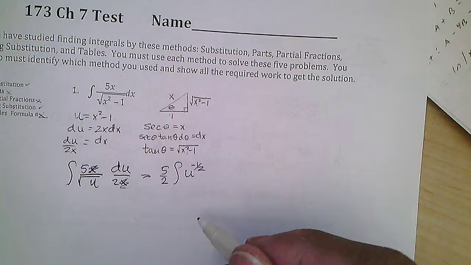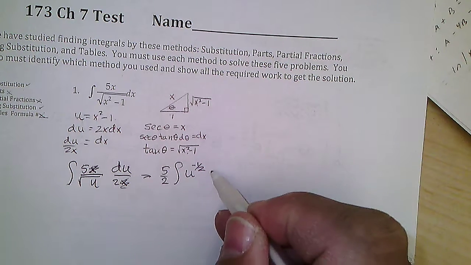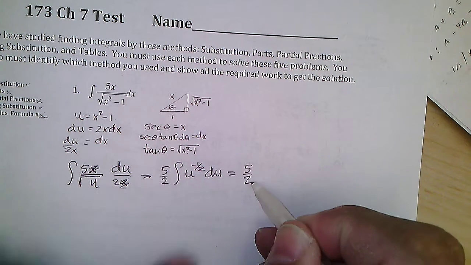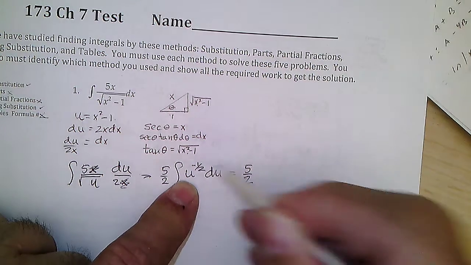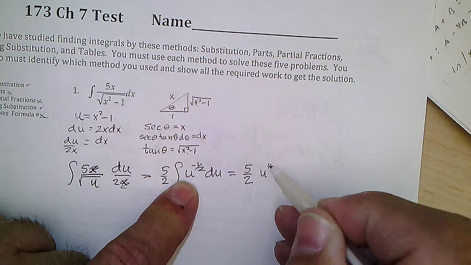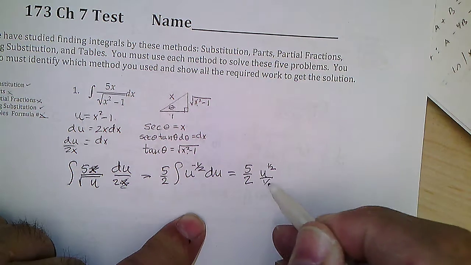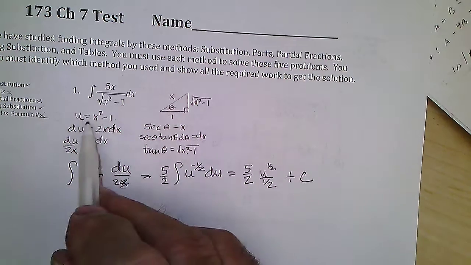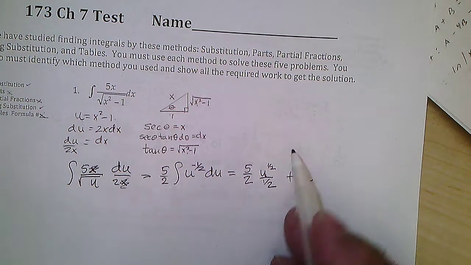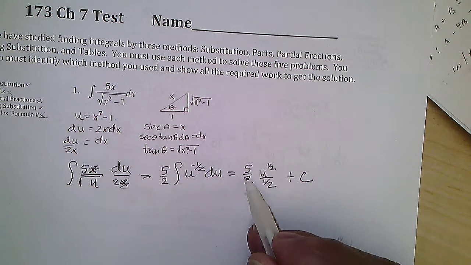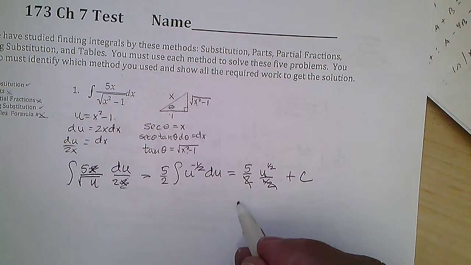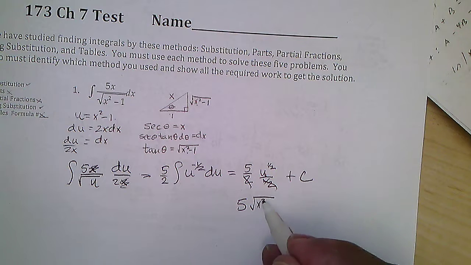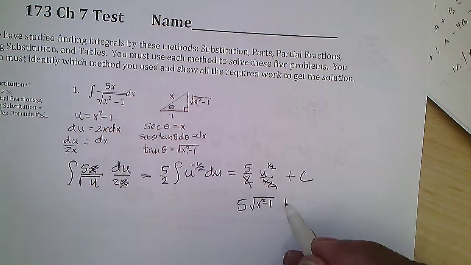The square root is the half, and it's in the denominator, so negative. du, using the power rule, we have 5/2. Integrating this, we add 1, which is u to the 1/2 divided by 1/2. And u was x squared plus 1, and this is the square root. So the half times 2 would cancel. So we have 5 square root of x squared plus 1, plus c.